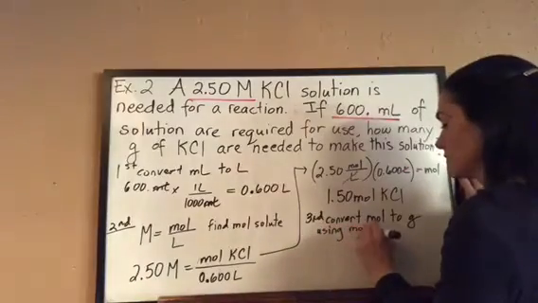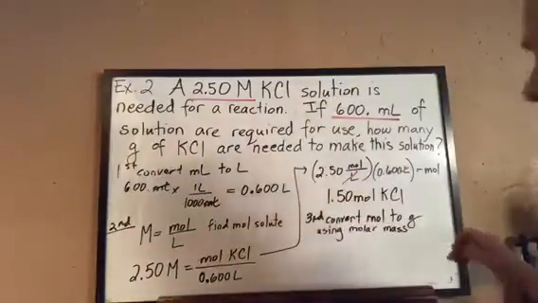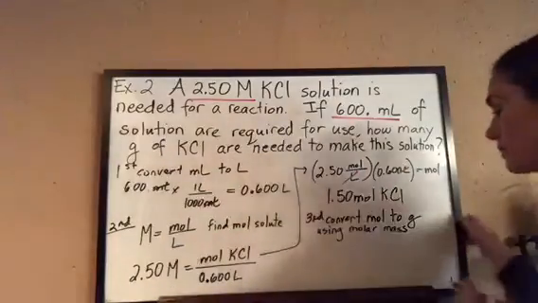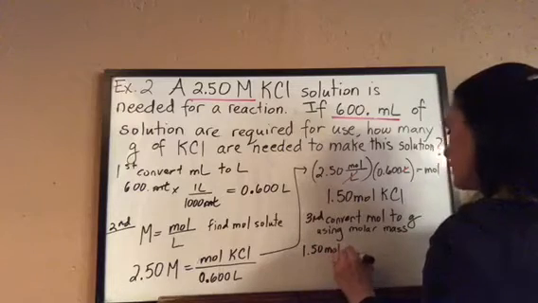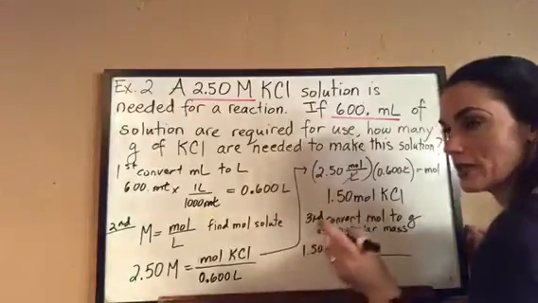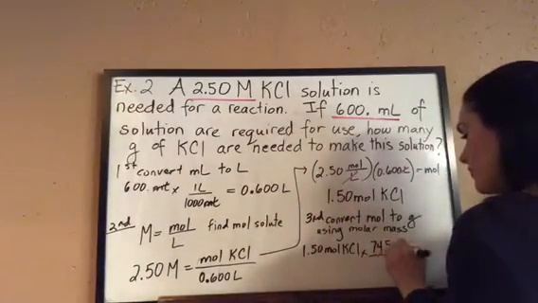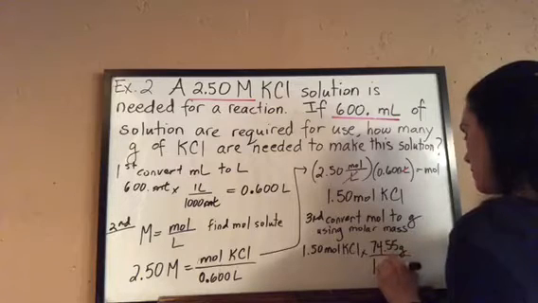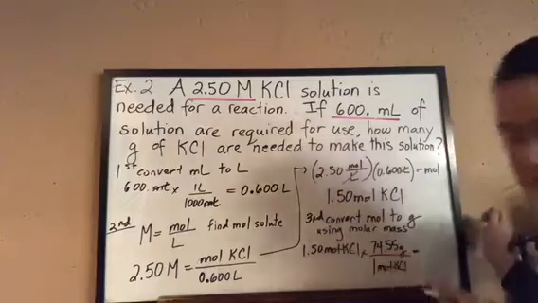That molar mass that we learned in chapter 7, it doesn't go away. It's used a lot. So 1.50 moles of potassium chloride. The molar mass of potassium chloride we did in example 1. So it's 74.55 grams per 1 mole potassium chloride. The moles cancel out.